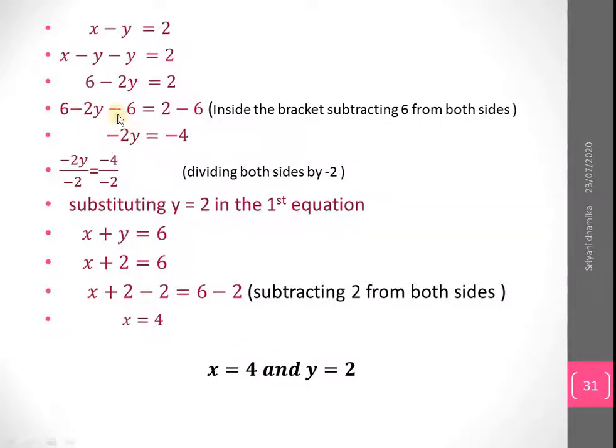Then here 6 minus 2y, subtract 6 from both sides to find the value of y. Positive 6 and negative 6 are cancelled. Then negative 2y equals negative 4, subtracting 6 from 2 gives a negative value.